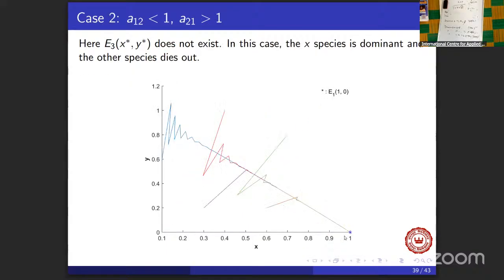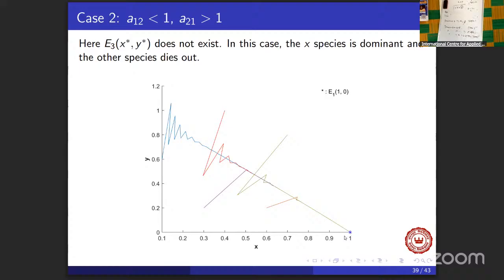Next slide. If a12 is less than 1 and a21 greater than 1, then what will happen? Then the interior equilibrium point does not exist. But for the axial equilibria, E1 is stable and E2 is unstable. So we find the result.